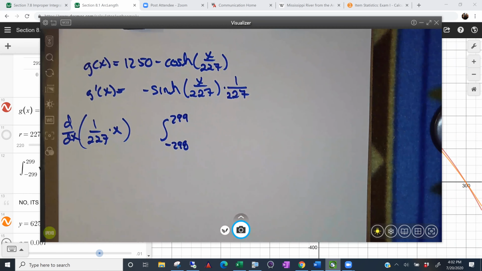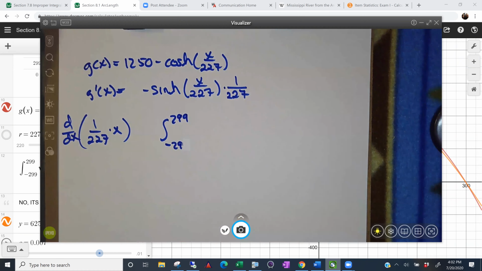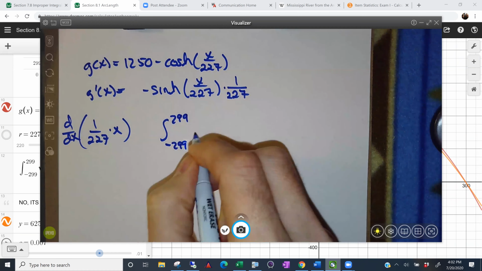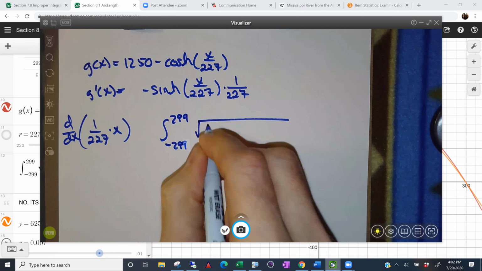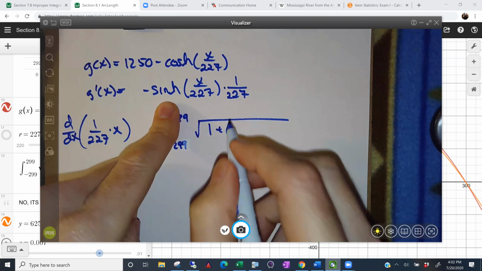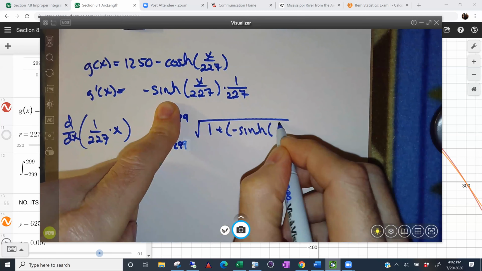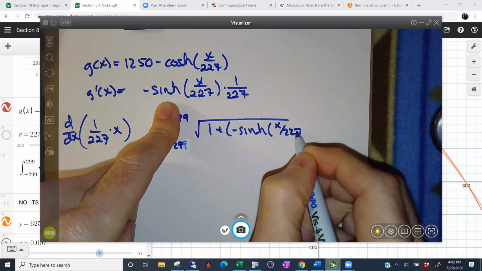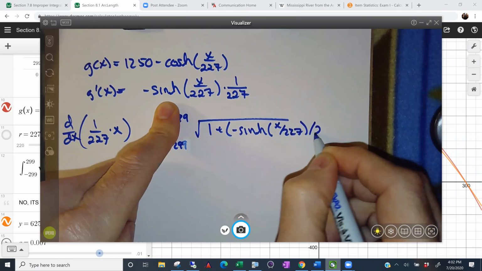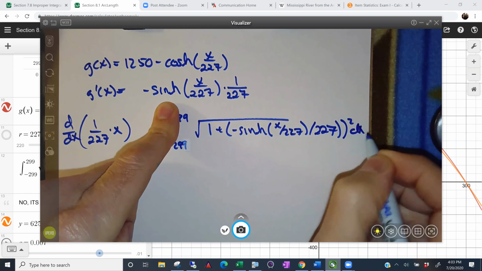That's coming from where the graph intersects the x-axis, of the square root of 1 plus this negative hyperbolic sine of x over 227 divided by 227, squared, dx.